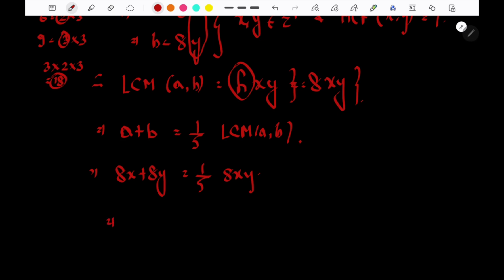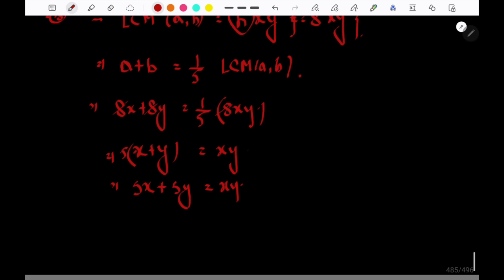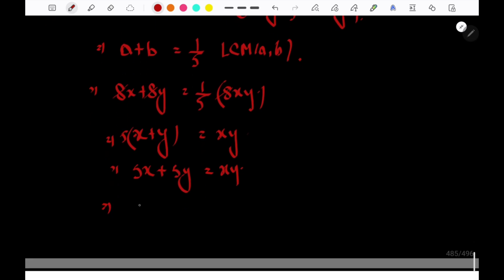So 8 gets cancelled, so therefore (x plus y) into 5 is equal to xy. So this says 5x plus 5y is equal to xy. Done. So it turns out to be xy minus 5x minus 5y is equal to 0.